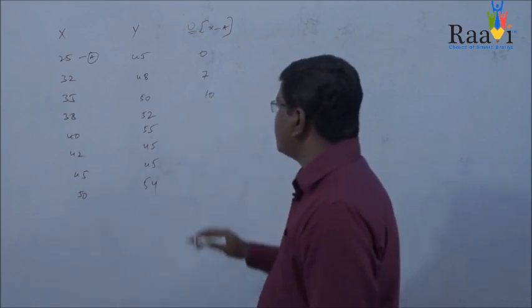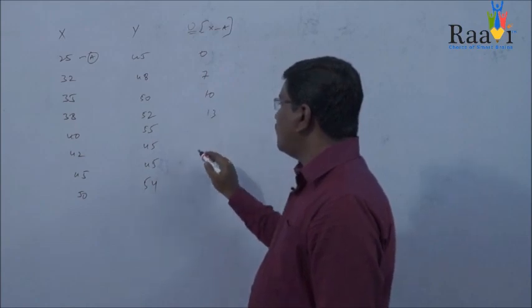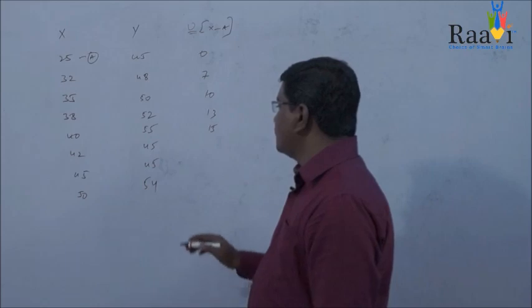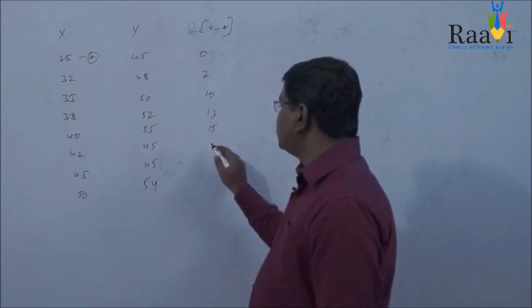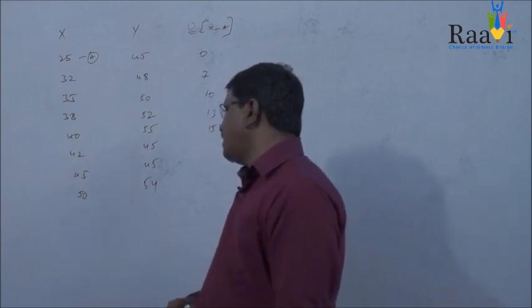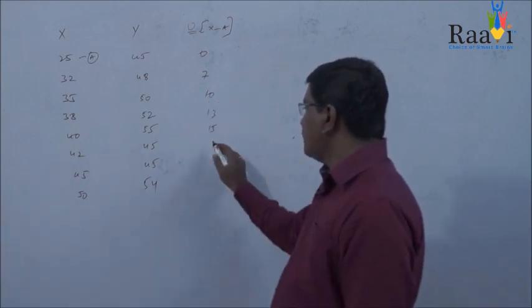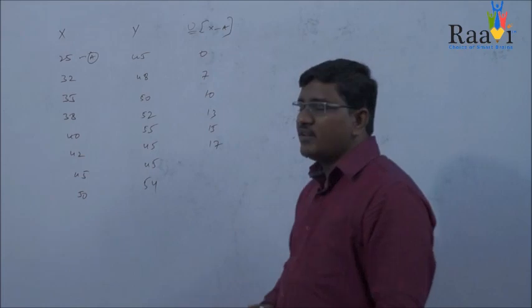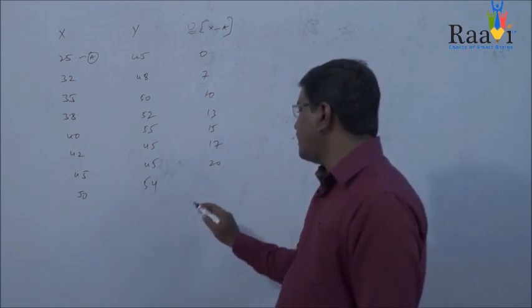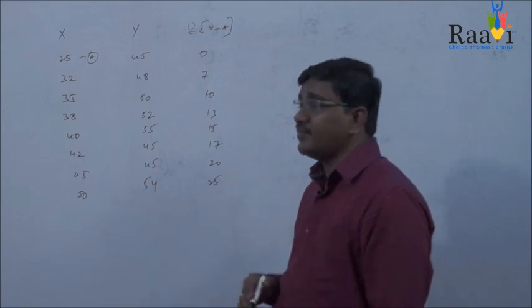Next 38 minus 25, 13. 40 minus 25, 15. 42 minus 25 will be getting 17, 45 minus 25 you will be getting 20, and 50 minus 25 you will be getting 25.